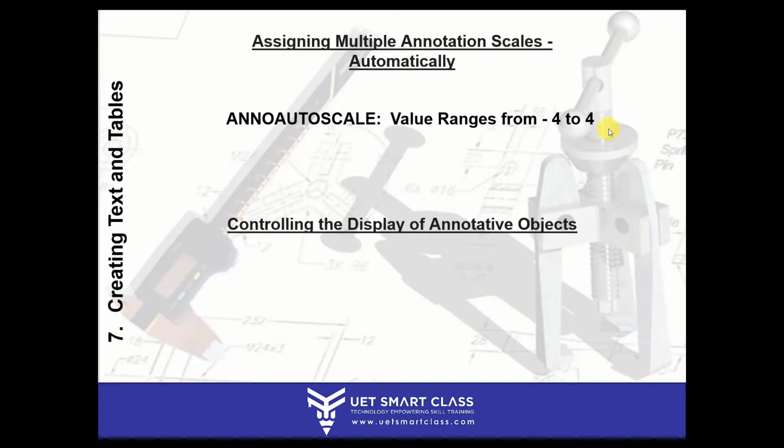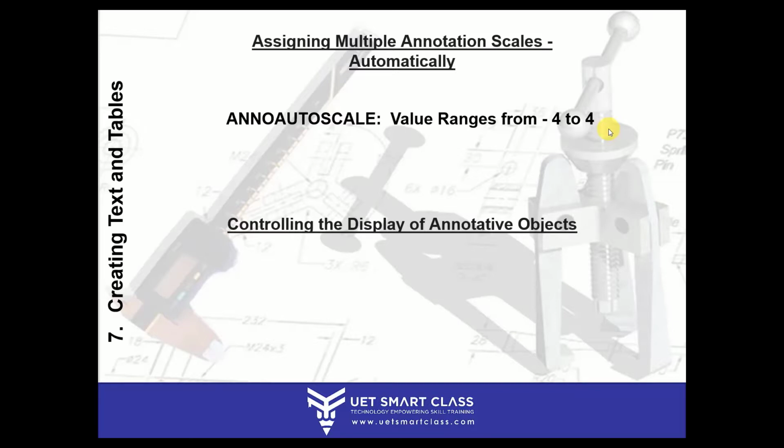For example, if you assign -1, the automatic scale will get turned off, but when it is switched on, it will regain the value of 1. If the annotation value is -2 and it is switched off, it will switch off the automatic annotation scale, but when you switch on the scale, it will take the value 2.